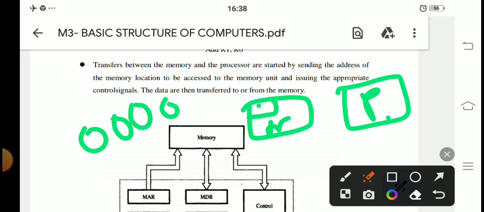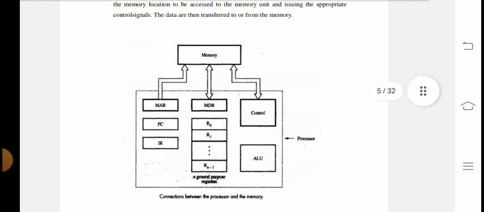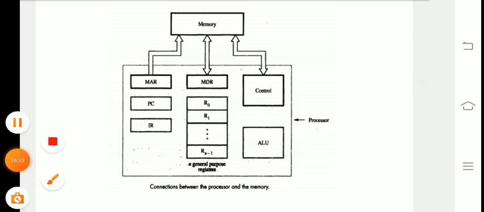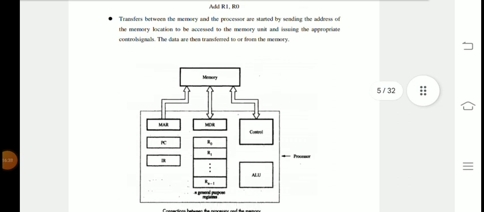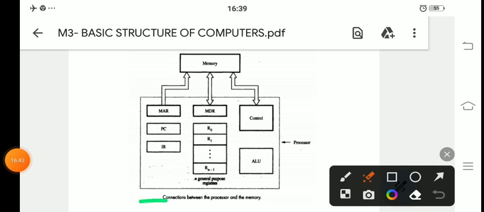Fine. Now the next is the connection between a processor and a memory. How is the memory connected with a processor? This figure shows the connection between the processor and a memory. This is a memory. This is MAR, memory address register. This is MDR, memory data register. This is the control.